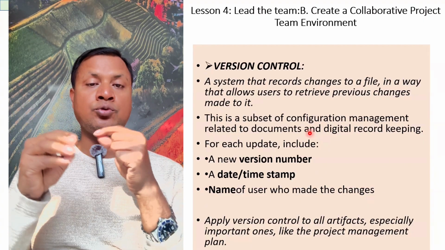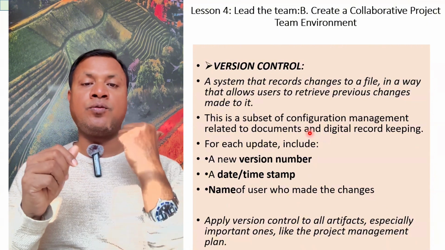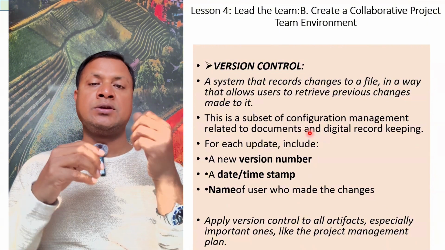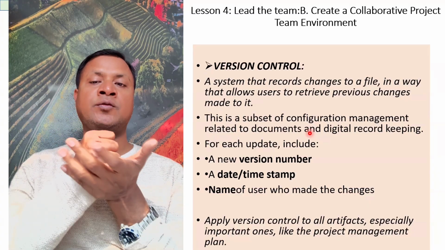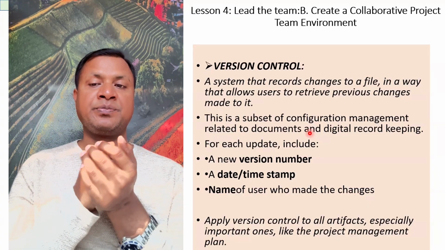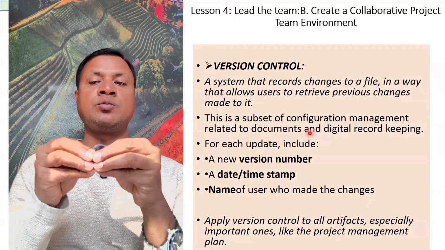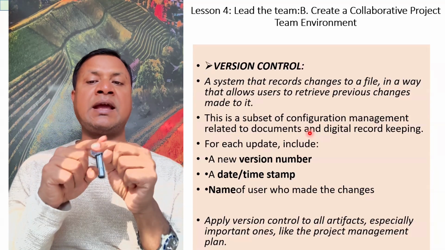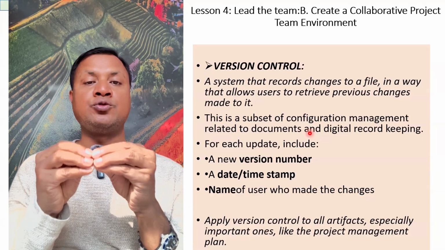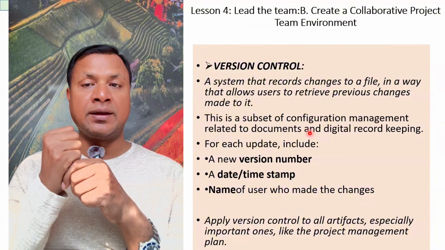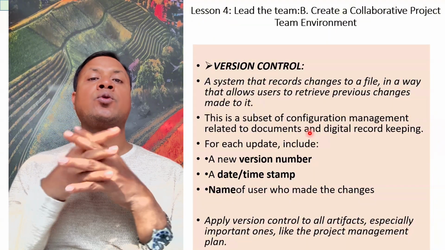So you have to have a system where you can go back to the previous version too. The version control should be at the hand of the leader in the team. For each update, a new version number should be kept, date and time should be stamped, and the name of the user who made the changes should be there, and in that way you can control the version.